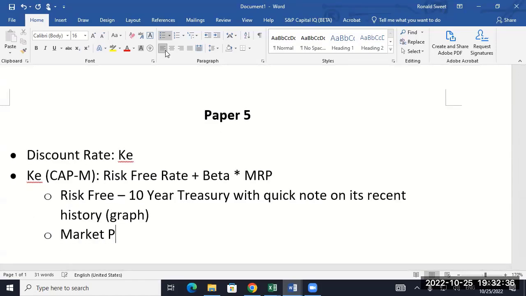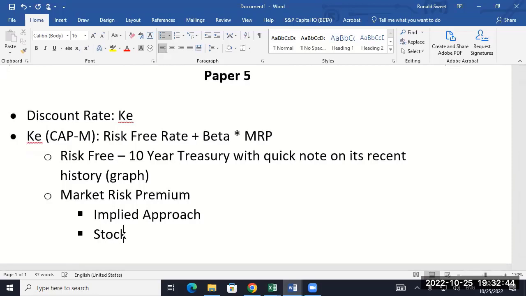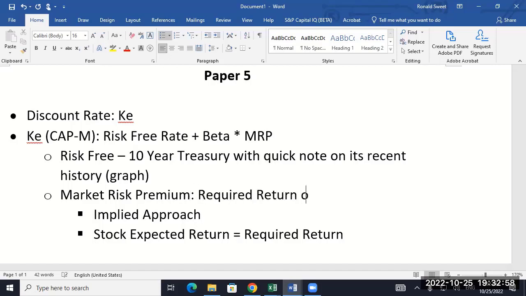Market risk premium. We're going to use the implied approach. A stock's expected return equals the required return. So the market risk premium is the return on stocks minus the risk-free rate.